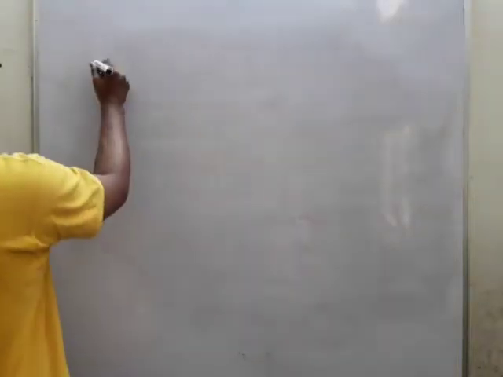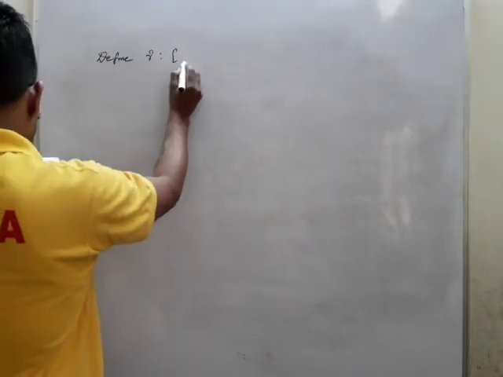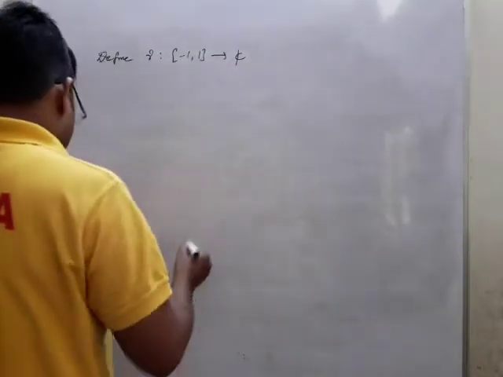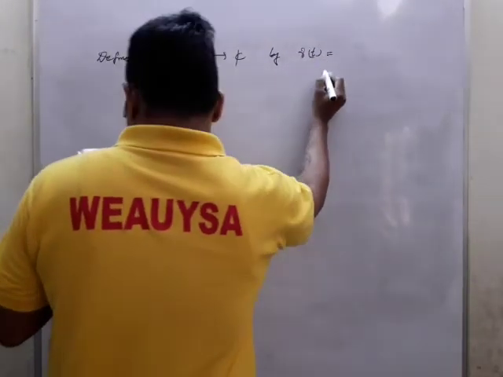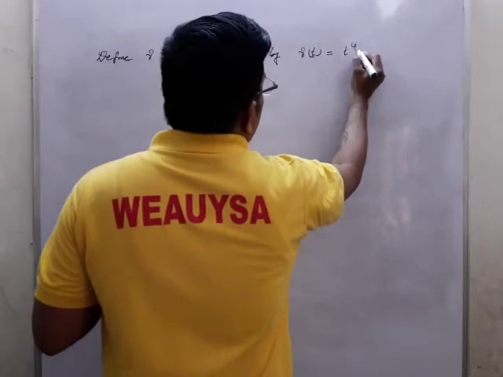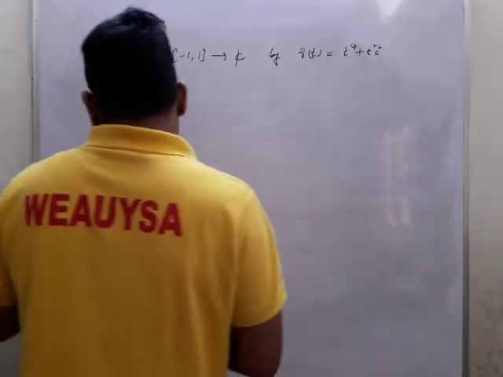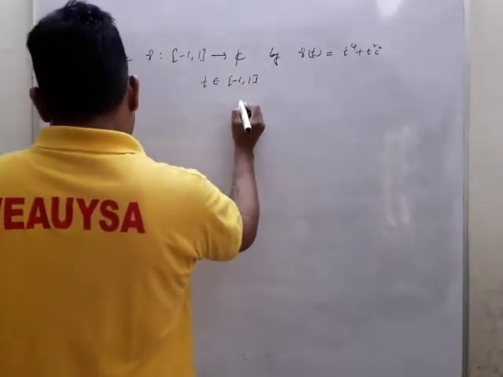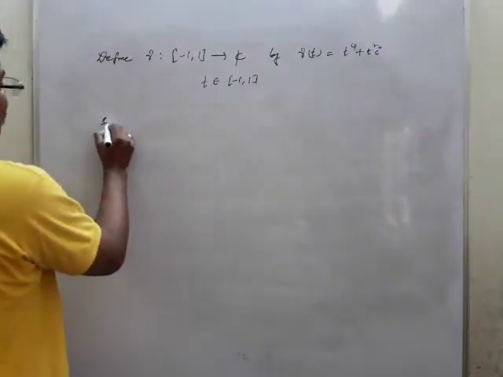Define gamma from minus 1 comma 1 maps to C by gamma of t is equal to t power 4 plus i t square, where t belongs to minus 1 comma 1.